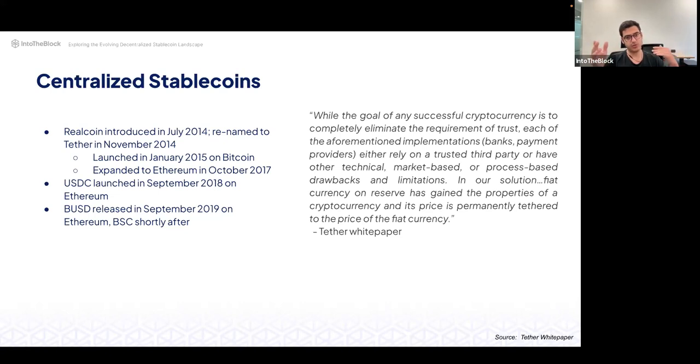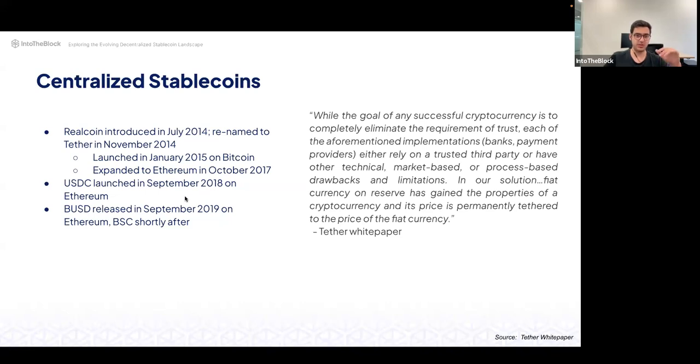But there were some friction points: moving the fiat into the exchange, and also fiat can't be sent internationally in a trustless manner. In the Tether white paper, they outline how they can have a token pegged to the dollar, to have some of the aspects of a cryptocurrency, but also the ease of a medium of exchange that is pegged to a more stable value than crypto, especially back then when it was even more volatile.